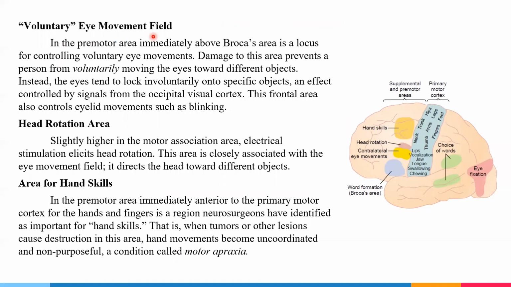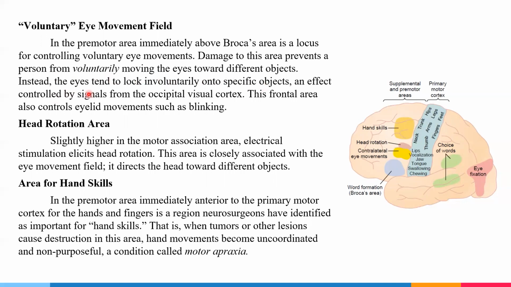Voluntary eye movement field: in the premotor area immediately above the Broca's area is a locus for controlling voluntary eye movements, which is shown in yellow right here. Damage to this area prevents a person from voluntarily moving the eyes towards different objects.